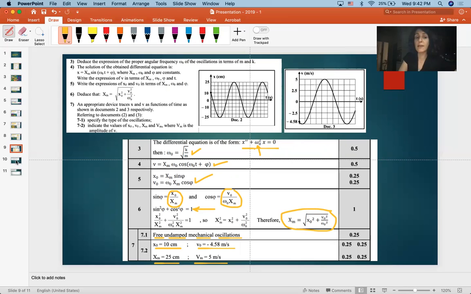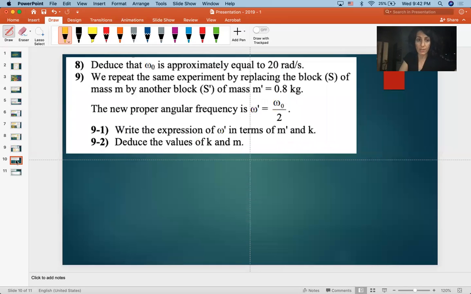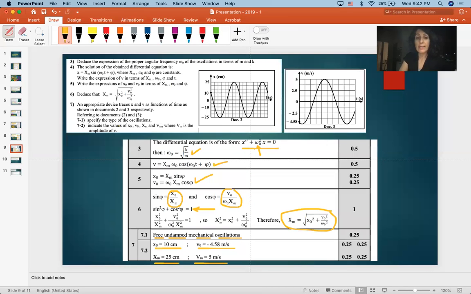Now we still have some extra set of questions. Deduce that W0 is approximately equal to. How can I deduce? When they say deduce, they mean deduce from item 7. And item 7 is all related to the documents, which means we need to find W0 from the graph. How can I find W0 from the graph?